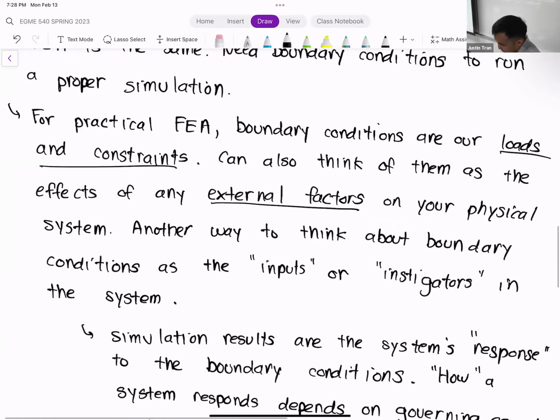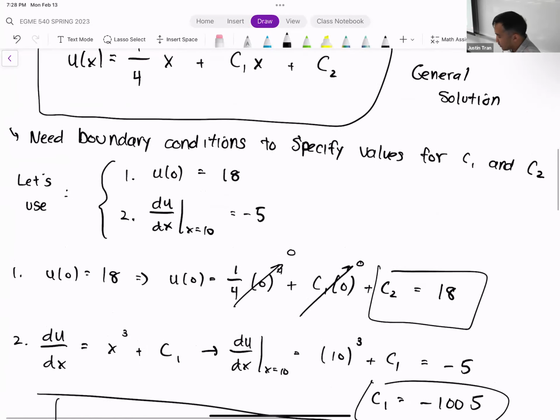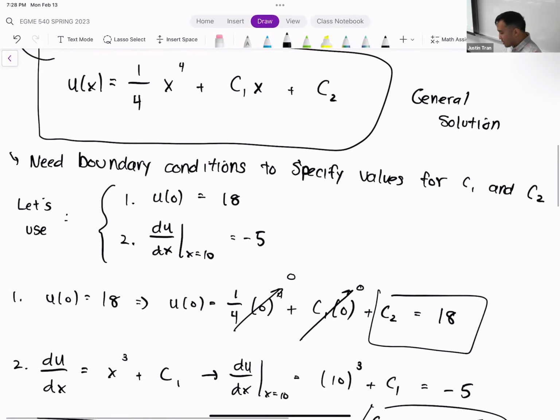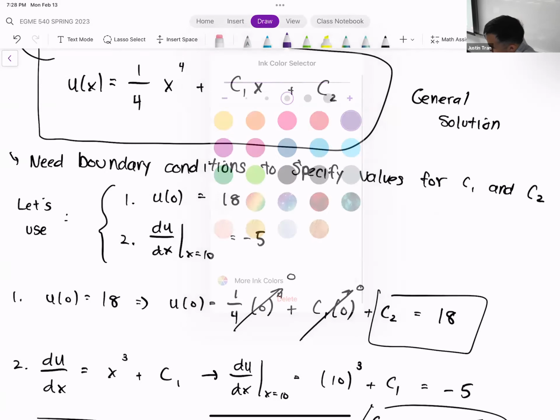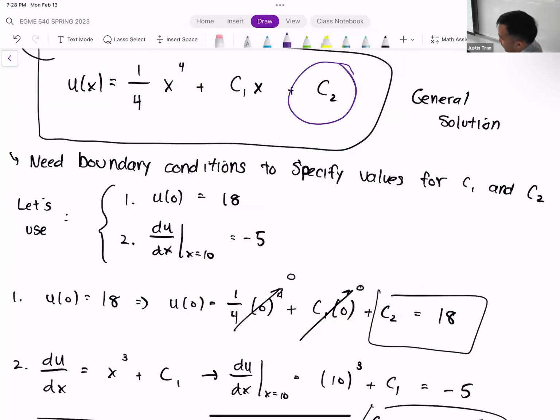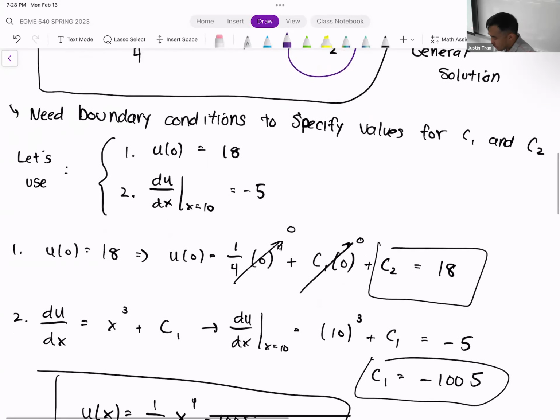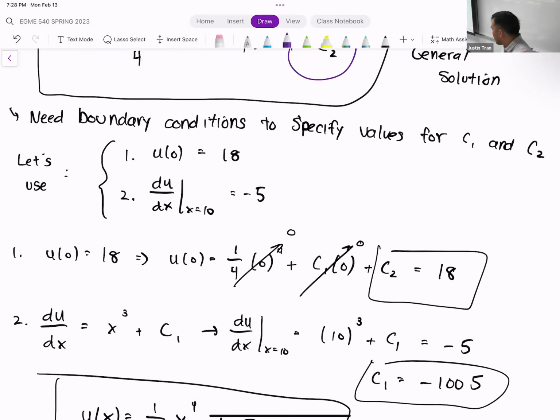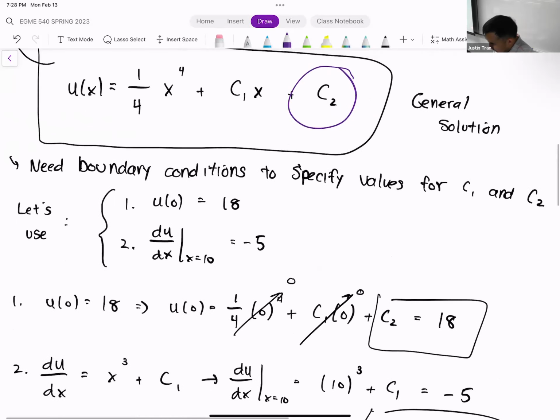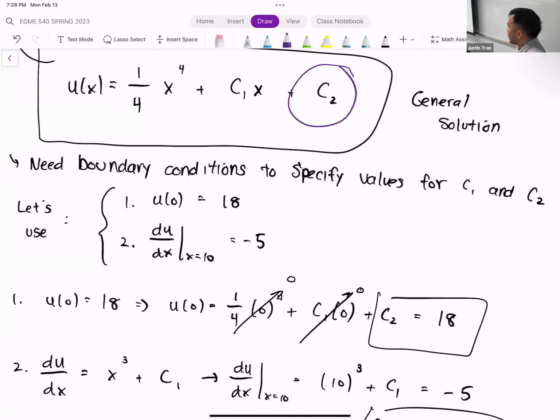So the reason for this, I think, is actually easiest to see by going back to our first mathematical example. If you look at what effect the constraint type boundary condition had, it mainly allowed us to specify the value of C2. When we applied our constraint type, that's what gave us our value of C2. C2 is in an interesting position here because it's just a constant that we add to the entire solution, right?